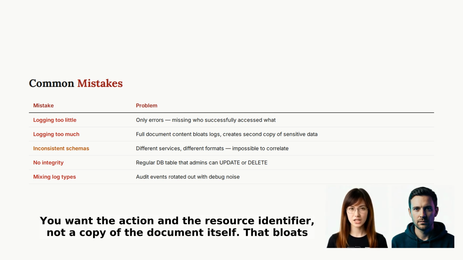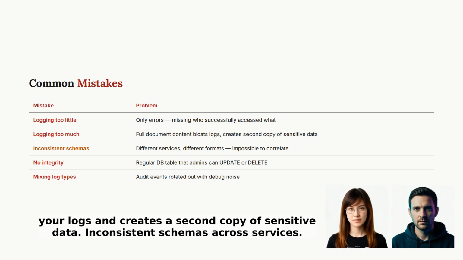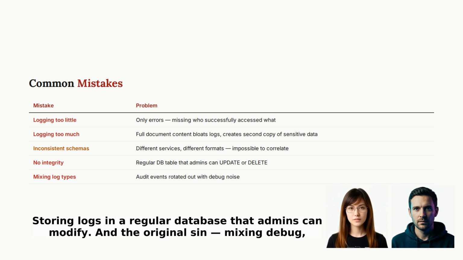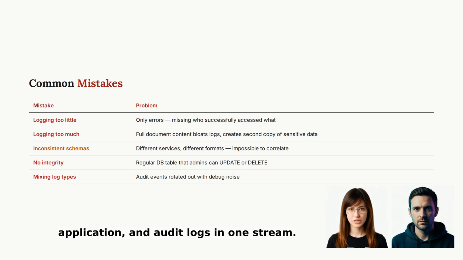You want the action and the resource identifier, not a copy of the document itself. That bloats your logs and creates a second copy of sensitive data. Inconsistent schemas across services. Storing logs in a regular database that admins can modify. And the original sin, mixing debug, application, and audit logs in one stream.